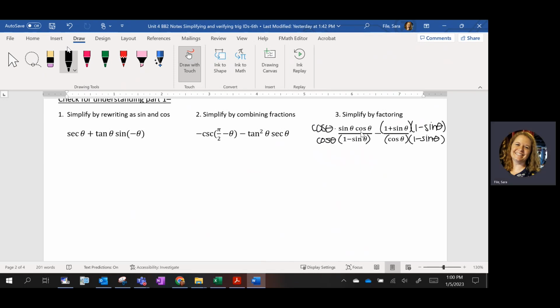So in the numerator on the left, I can reduce this to cosine squared times sine, or sine times cosine squared. I don't care what order you write that in, it doesn't matter. And then we have a minus. And then I'm going to put a parenthesis because everything that's over here when we simplify has to be subtracted.